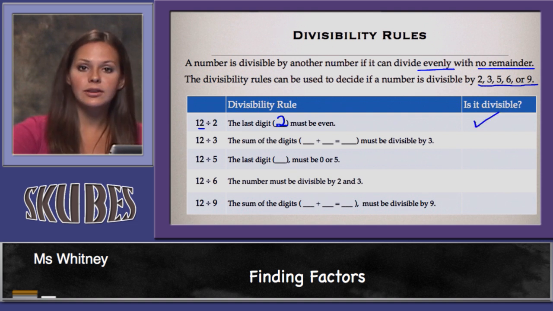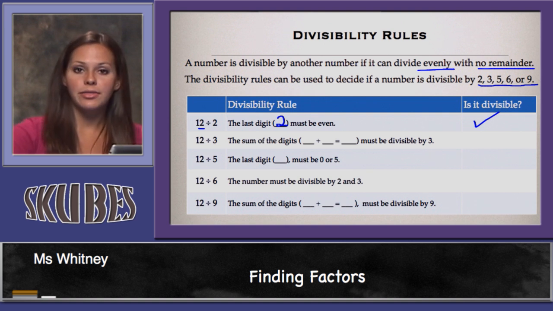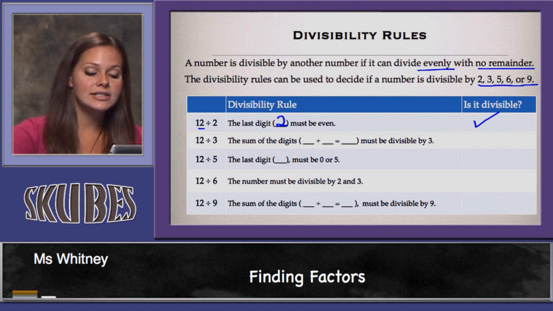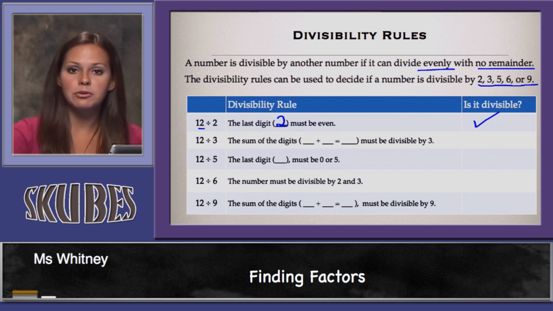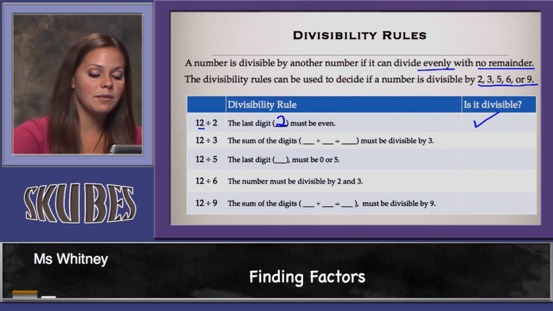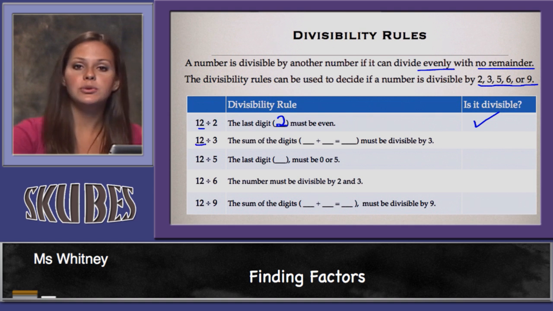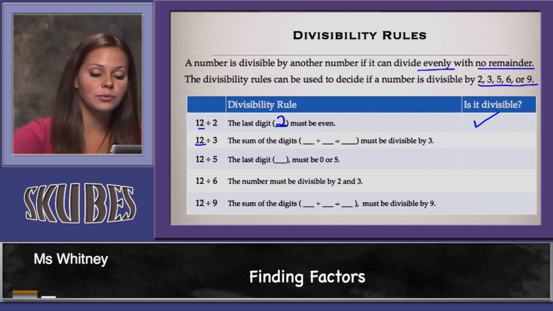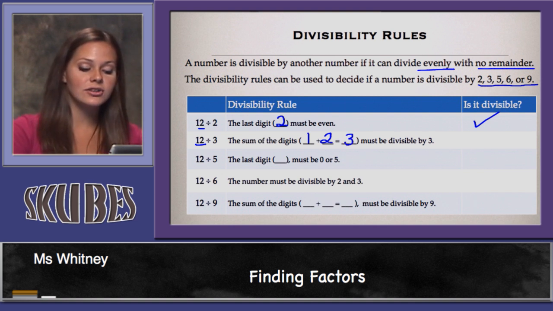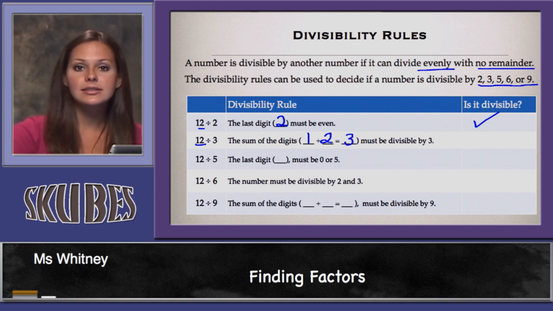Let's look at the divisibility rule for dividing by 3. 12 divided by 3. The sum of the digits must be divisible by 3. So in our example, the number 12, the two digits are 1 and 2. The sum of the digits, 1 plus 2, is equal to 3. We have to ask ourselves, is 3 divisible by 3? Well, 3 divided by 3 equals 1.